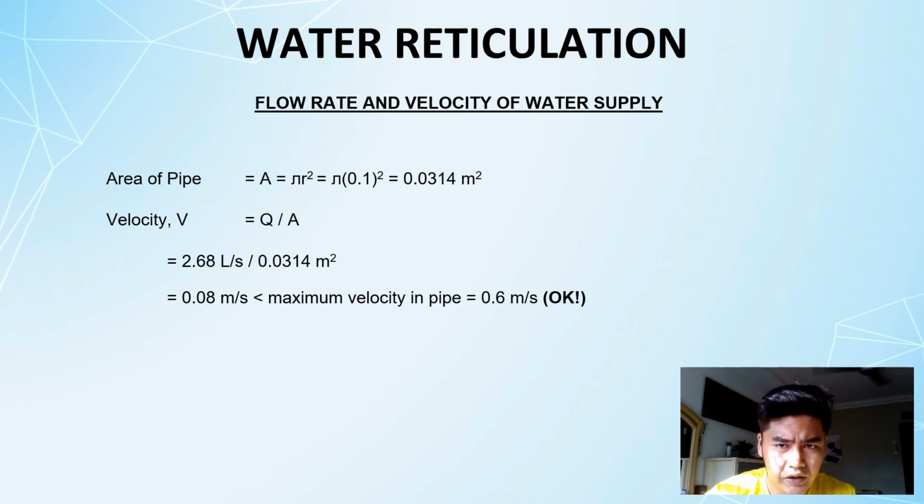Next, for the flow rate and the velocity of water supply for this project, the area of pipe is 0.014 meter squared, and for the velocity we get 0.08, which is below the maximum velocity in pipe of 0.6, so the velocity is okay.